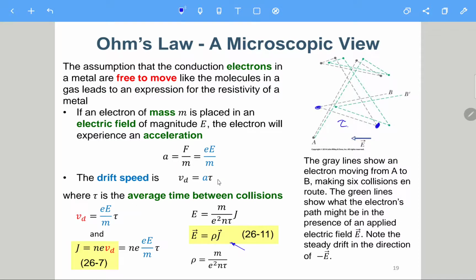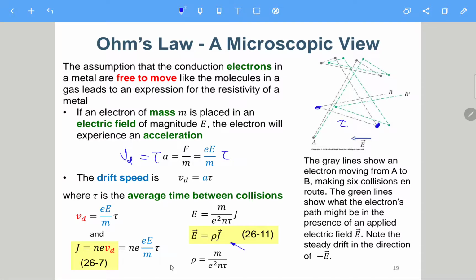So here, as long as we multiply tau on both sides, the left side will be v_d. So we have v_d equals eE over m times tau. And previously we already know J equals n e v_d. So in this case, we can substitute this v_d into here. So we have n e times eE over m times tau, like this.